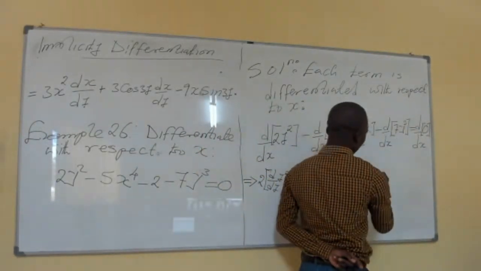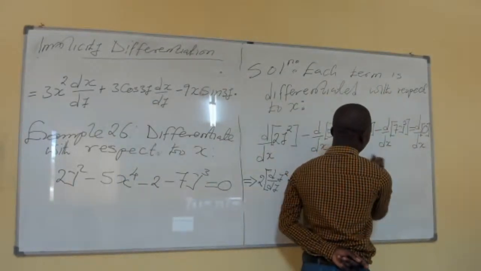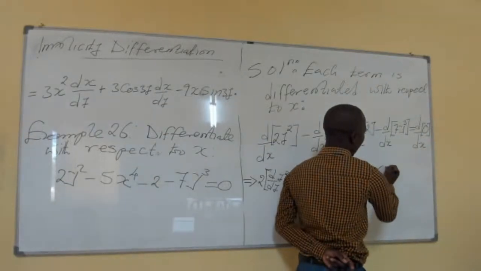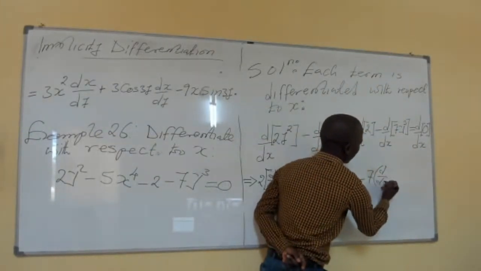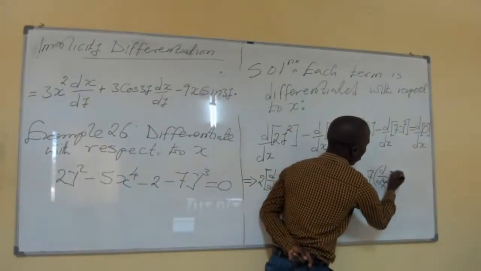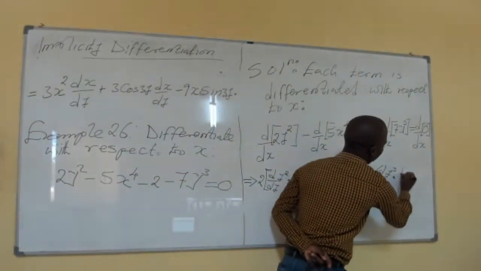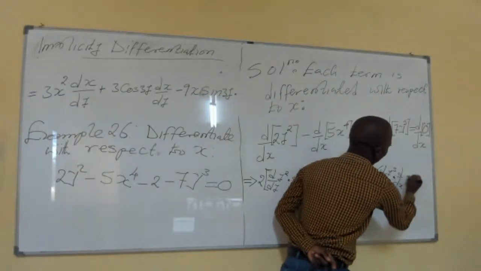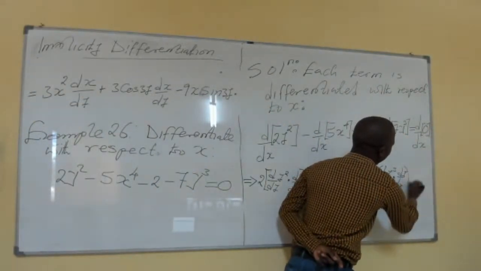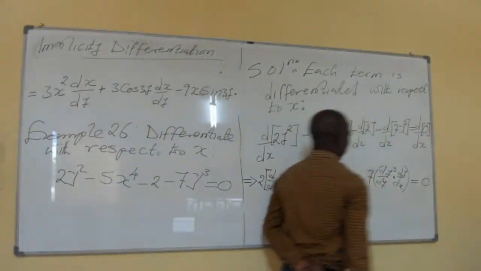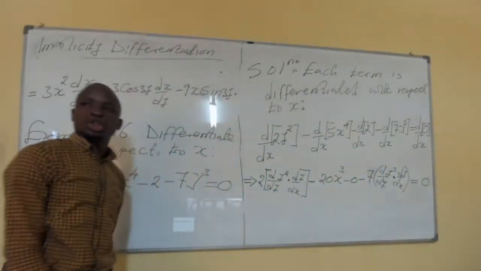Also, we are going to have 7 multiplied by the derivative with respect to y of y power 3 multiplied by the derivative with respect to x of y, which is equal to the derivative of 0, which is 0 because it's a constant.